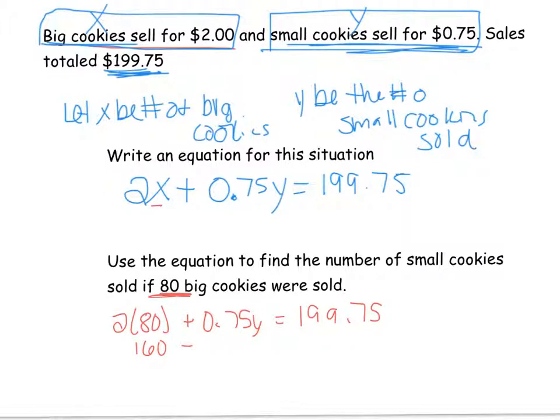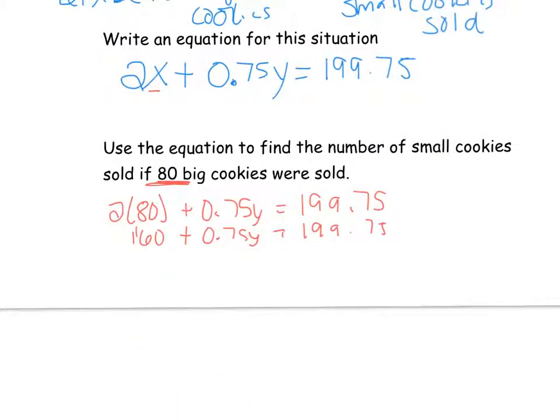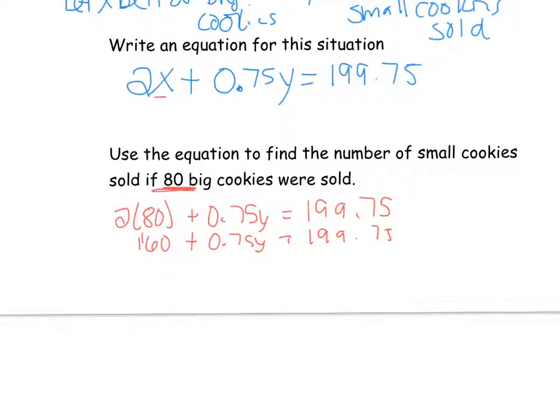So we know of the total amount, 160 of it came from big cookie sales. Since 160 of it came from big cookie sales, this is where you can use solving equations. We have to get rid of this 160 because that's taken into account.